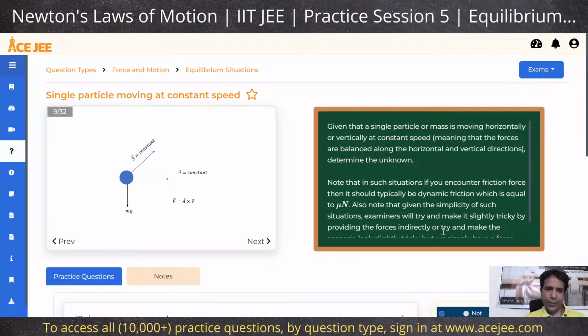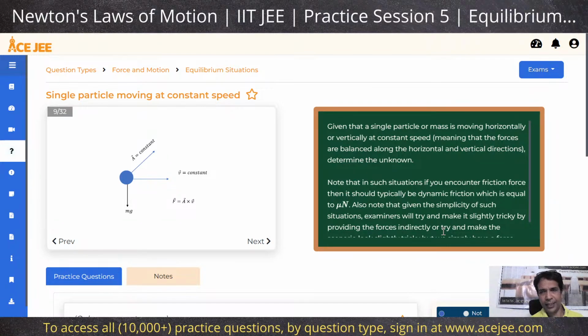Now what do we have in this question? We have a single particle that is moving at constant speed, right? In fact, I should say the particle is moving at constant velocity, not just speed. If it is moving at constant velocity, then the acceleration would be 0.